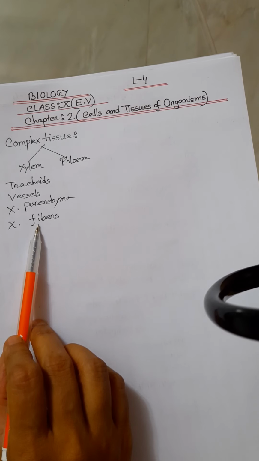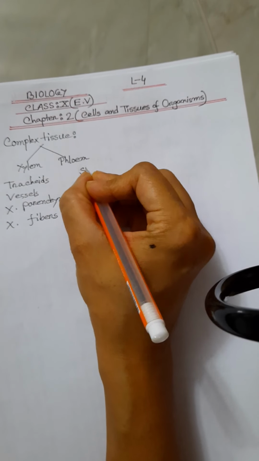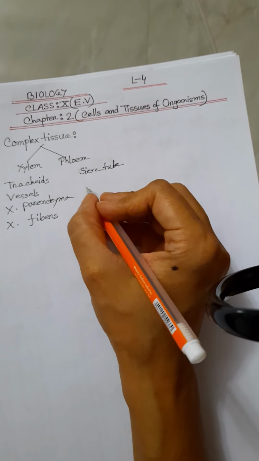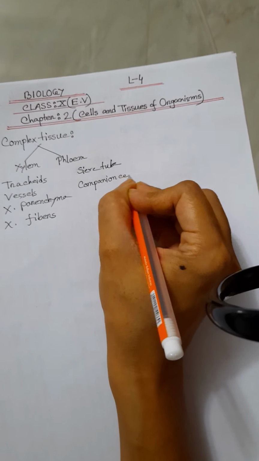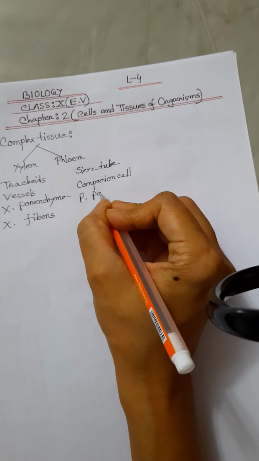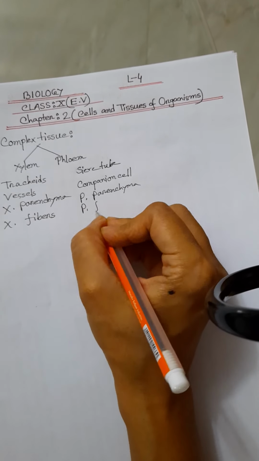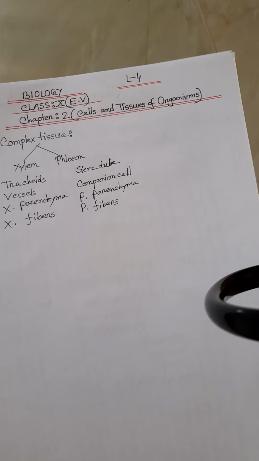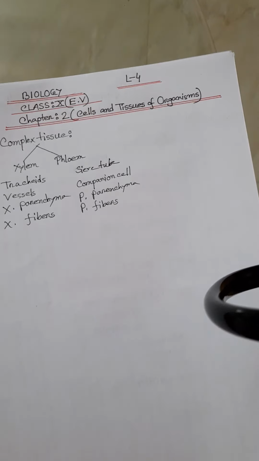This type of tissue is composed of sieve tube, companion cell, phloem parenchyma, and phloem fiber. These are the four types of cell that make up phloem tissue, a complex tissue.